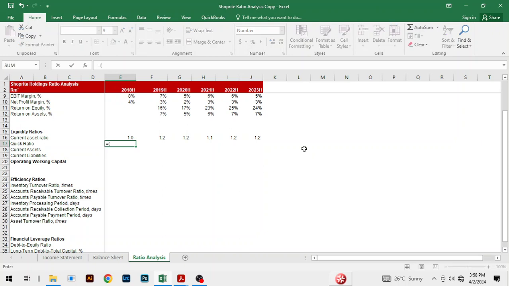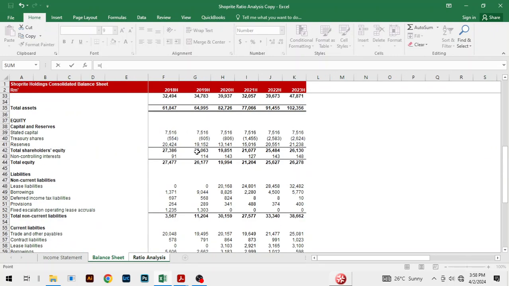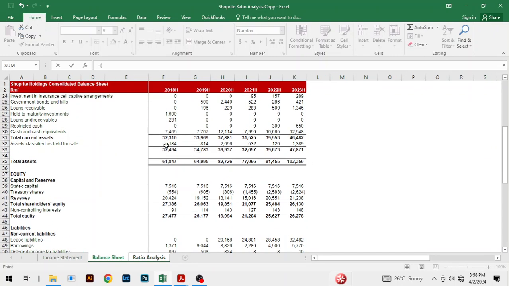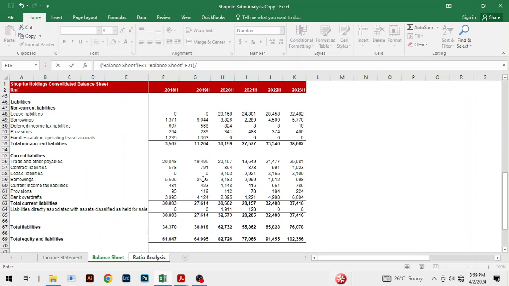So here we are going to the balance sheet again. From the balance sheet, we are going to select this figure, total current assets, right? And then we subtract inventory, right? And then we divide by current liabilities.